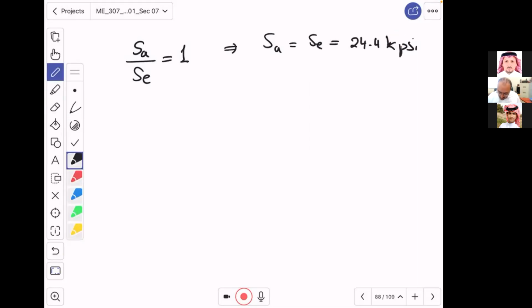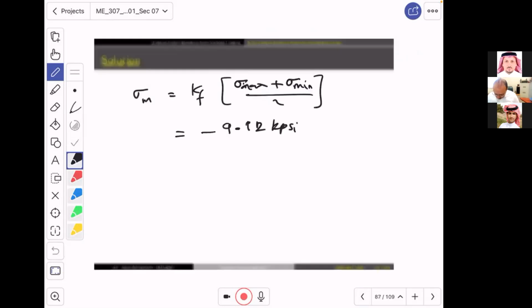kpsi. Okay. Now, if this is the amplitude strength, then in order to find the factor of safety for fatigue, all I need to do is divide the amplitude strength by the amplitude I am applying. The amplitude we are applying is 15.2.